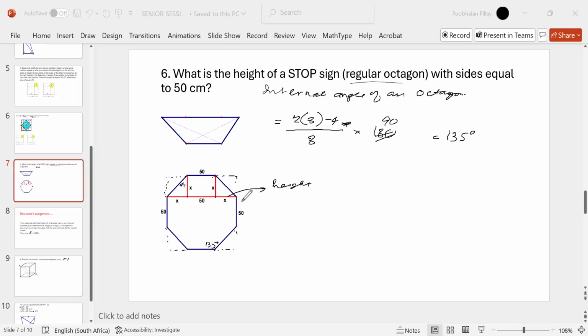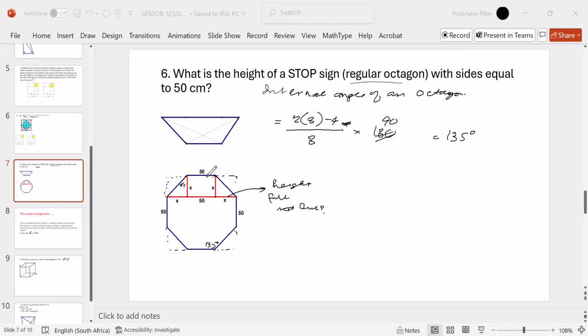And the height is the distance between these two parallel lines. The distance between these two parallel lines is obviously the same as the distance between the other two. So the height of this is this entire red line, right? The full red line. So that is what we have to calculate.